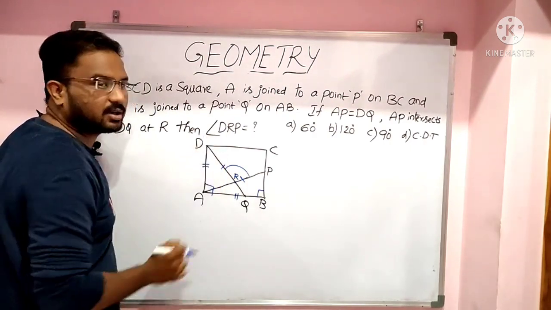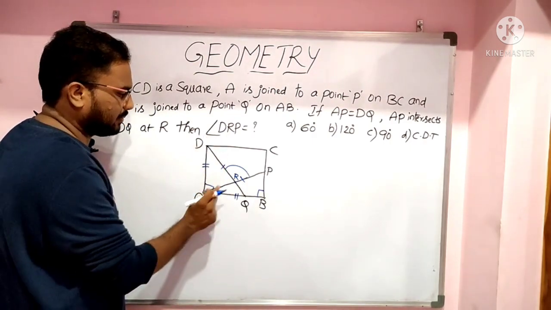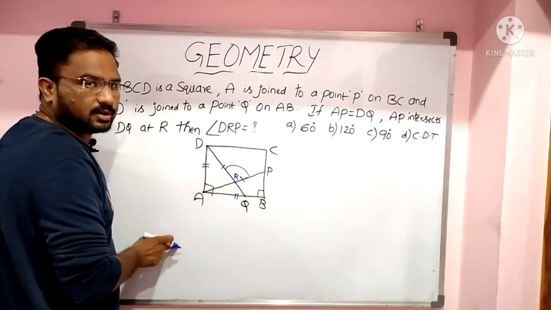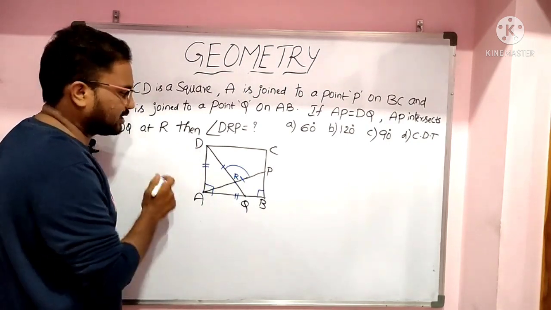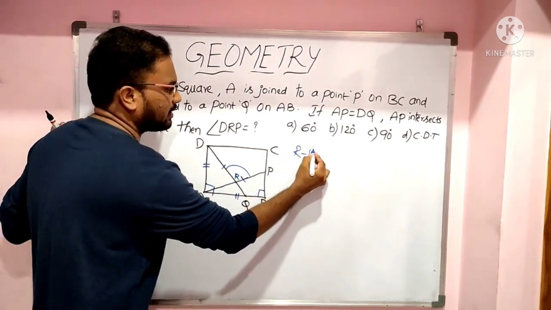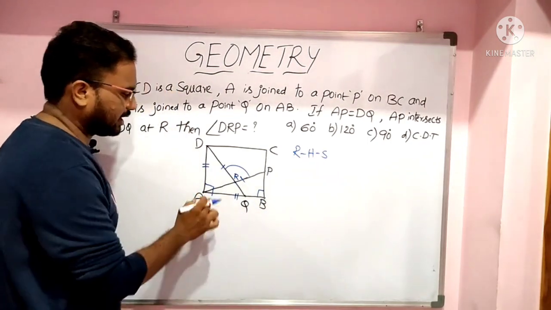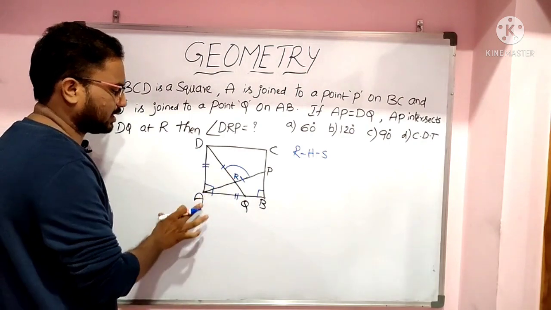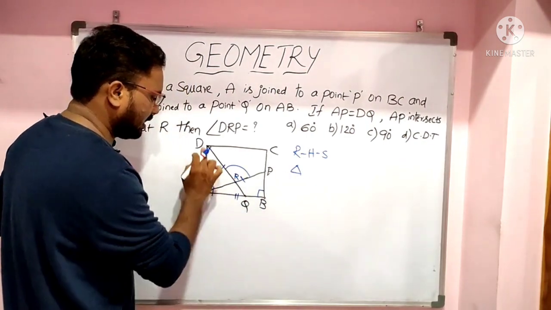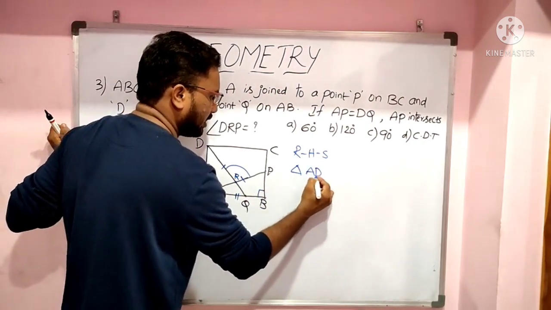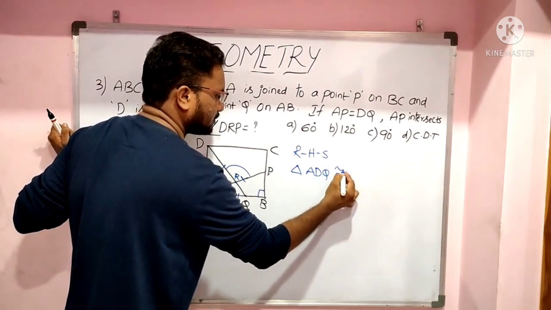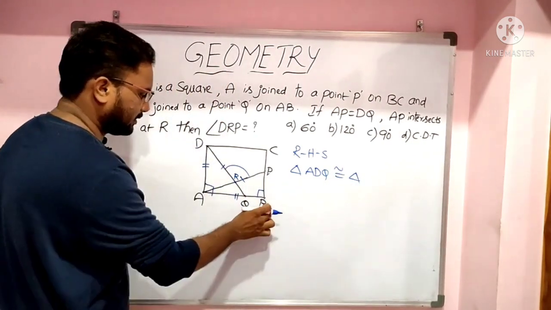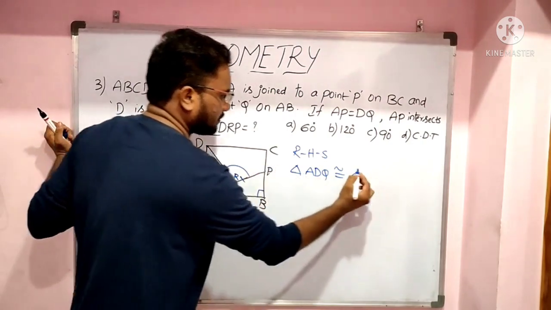And we are given AP equals DQ. So according to the RHS property, right angle, hypotenuse and side, these two triangles are congruent. Triangle ADQ is congruent to triangle BAP.